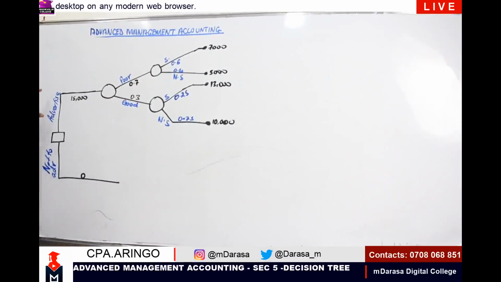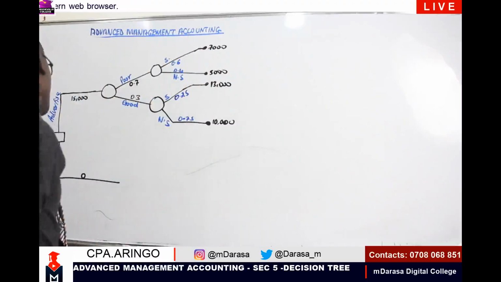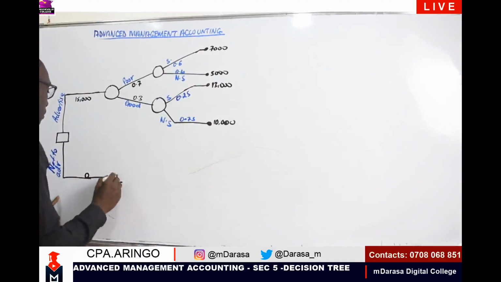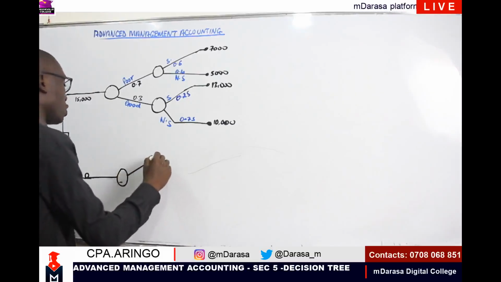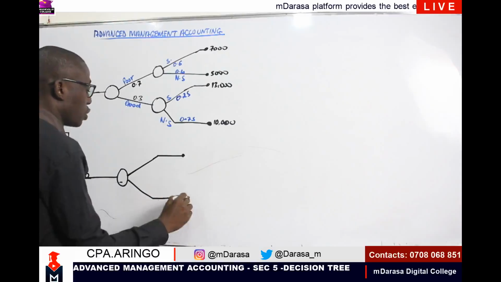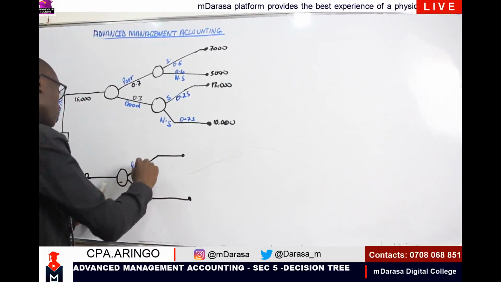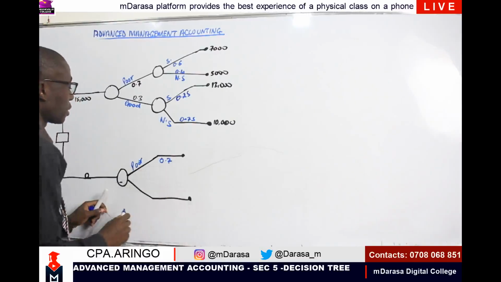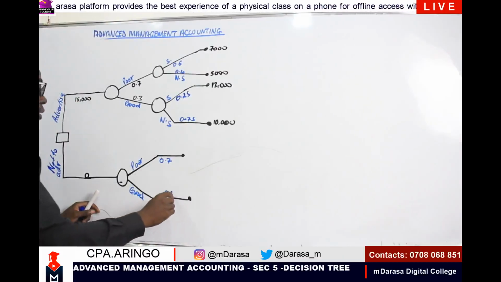Now, we've looked at that branch of advertising. What if we are looking at the branch where we've not taken that decision of advertising? If we've not advertised, I can have two conditions: poor, which probability is 0.7, or good, which probability is 0.3.